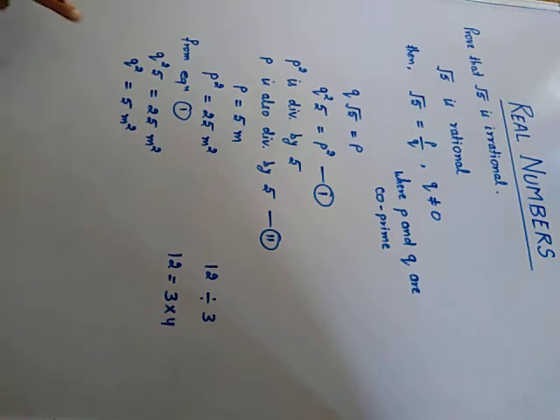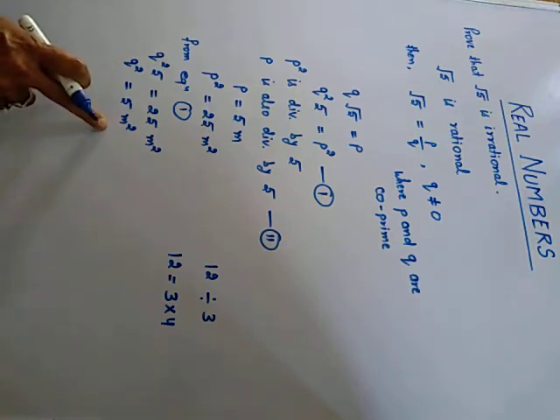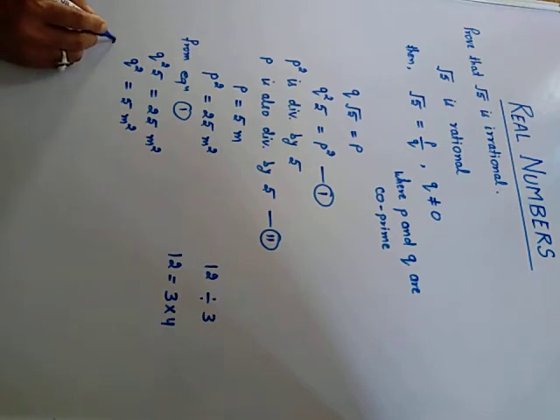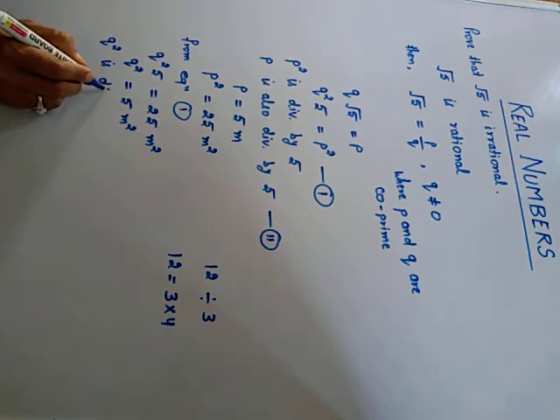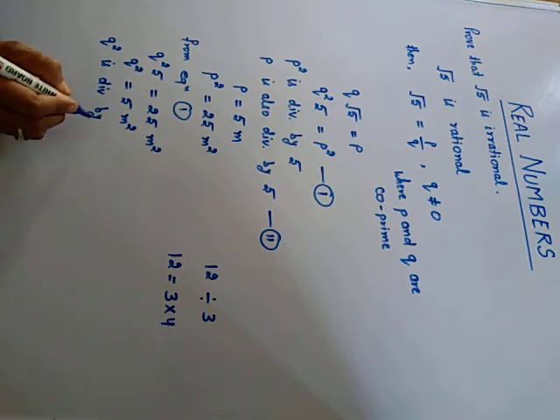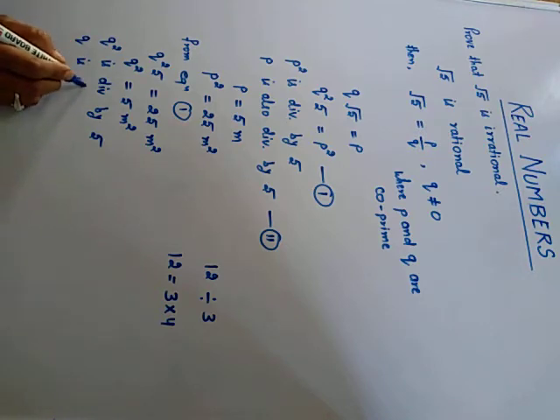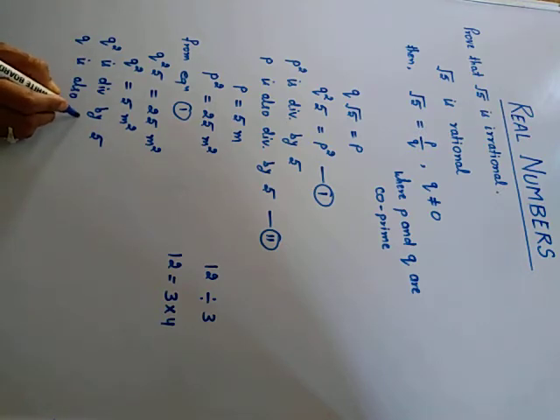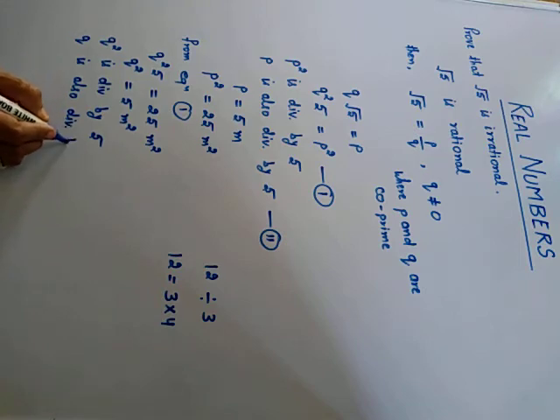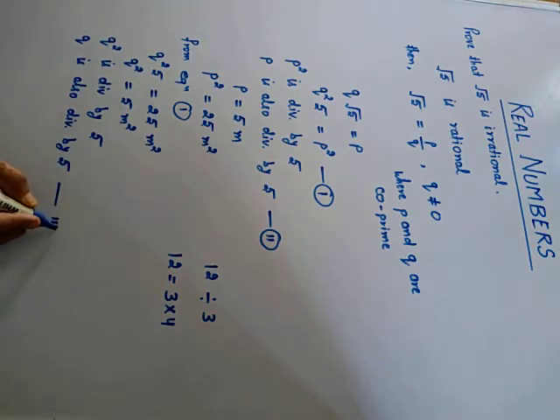Again, what is the meaning of this equation? q square equals 5m square means q square is divisible by 5, and if q square is divisible by 5, q is also divisible by 5. So this is equation number 3.